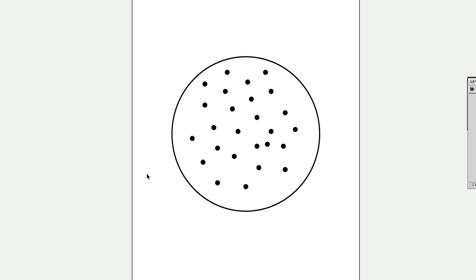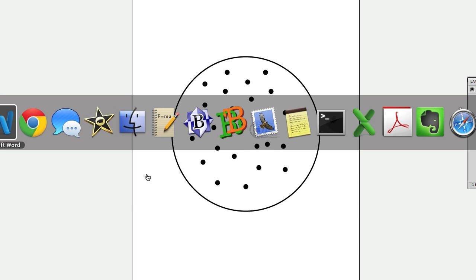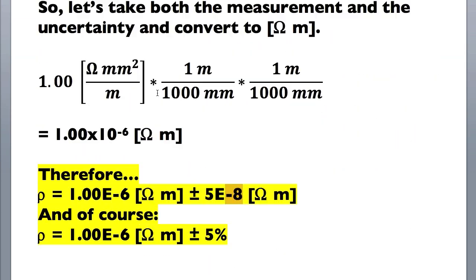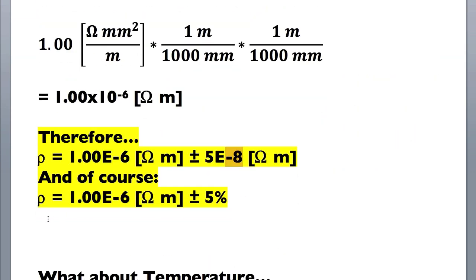In other words, theoretically, when we're at 0 Kelvin, we can have zero resistance because resistivity has gone down. In other words, conductivity has shot sky high. So really, when we're talking about a final resistivity for nichrome wire for this experiment, what we should be saying somewhere is this was done at room temperature.